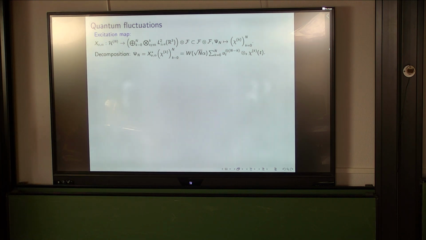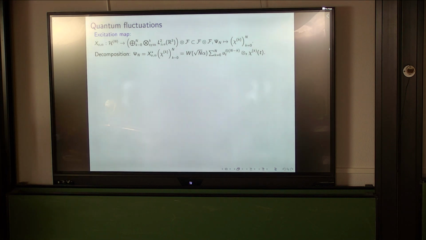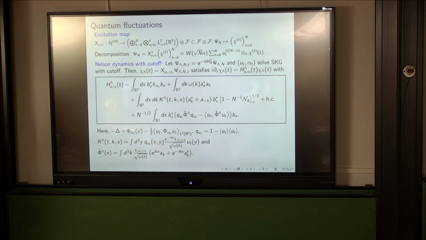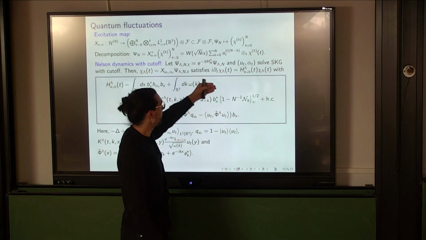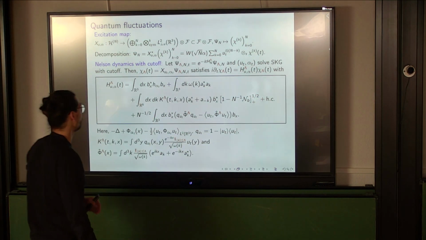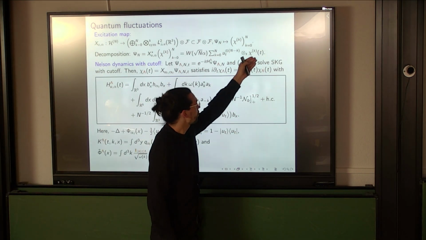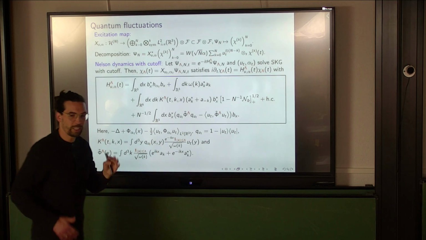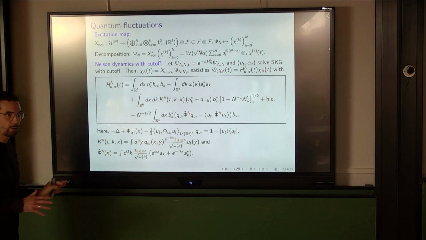Next I would like to introduce the Bogoliubov approximation, and to this end I first look at the Nelson dynamics with cutoff. So I look at a psi lambda n t, which evolves according to the evolution of this cutoff Hamiltonian, and then I look at solutions of the Schrödinger-Klein-Gordon equations where there's also a cutoff parameter in the interaction, which is not so important at the moment.